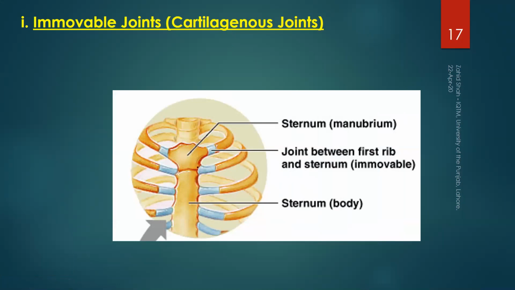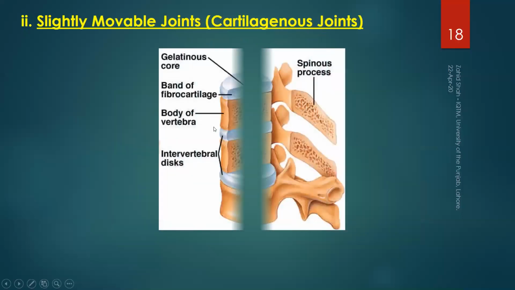We have discussed it already that this joint between your ribs and sternum is also an immovable joint. But by structure, this is not a fibrous joint, but a cartilaginous joint, because the joining structure is not fiber, but cartilage. So cartilaginous joint by structure and immovable joint with respect to movement.